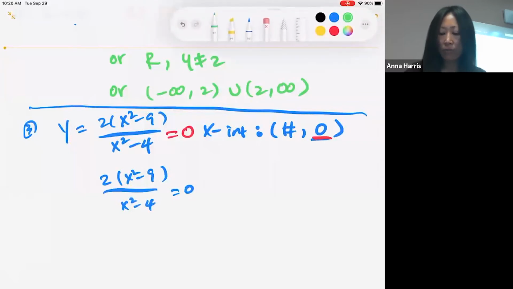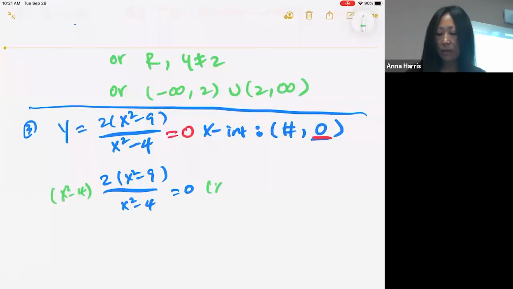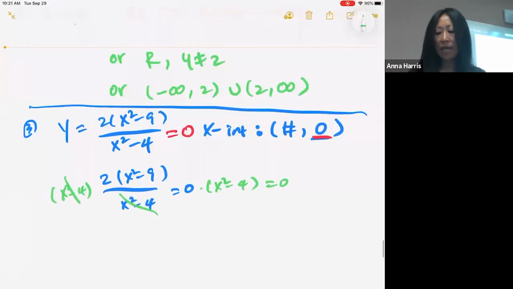And then I will multiply each side by my denominator. So that and that cancel out. It's still equal to 0 because 0 times anything is 0. So that means I have 2x squared minus 9 equal to 0, divided by 2, divided by 2. Then x squared minus 9 equal to 0. So x squared equal to 9.